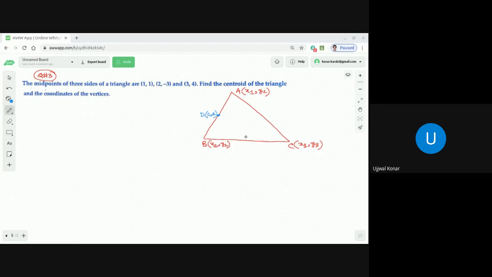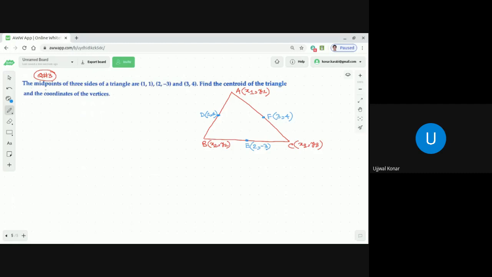The coordinate of the midpoint of BC, if we define it as E, is (2, -3). And the coordinate of the midpoint of CA, if we consider this as F, is given as (3, 4). So the coordinates of the points D, E, and F are given to us.